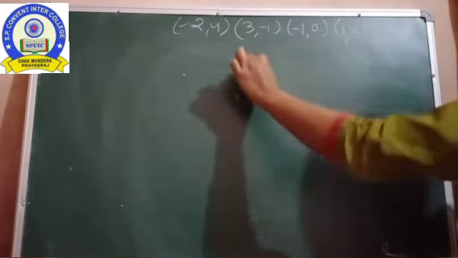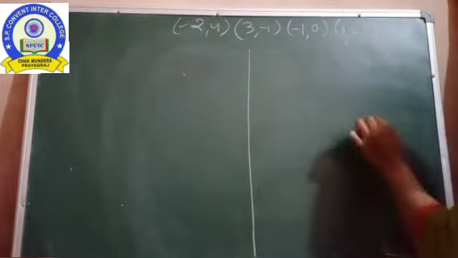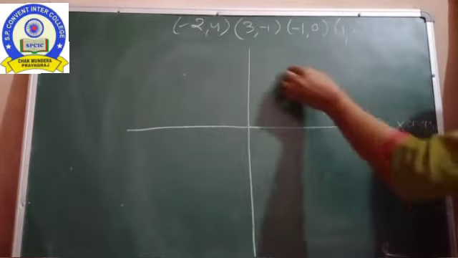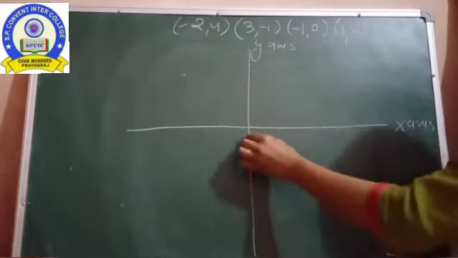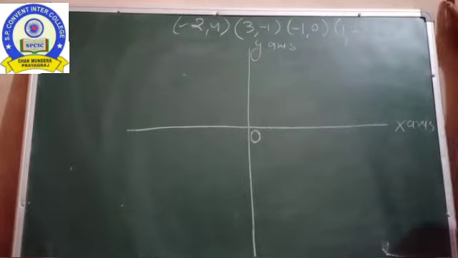Okay, this is your x-axis and this is your y-axis, and this is the origin, because the point of intersection of the axes is called the origin.